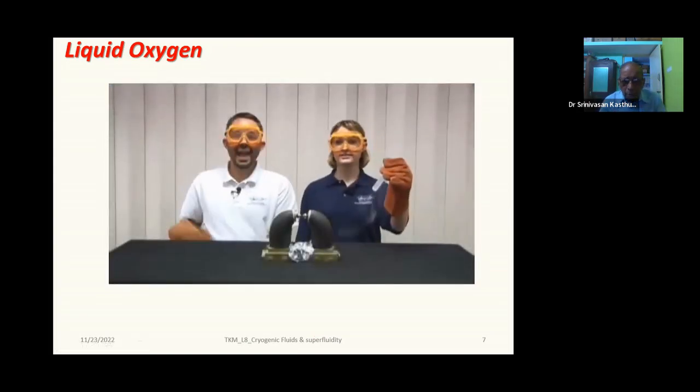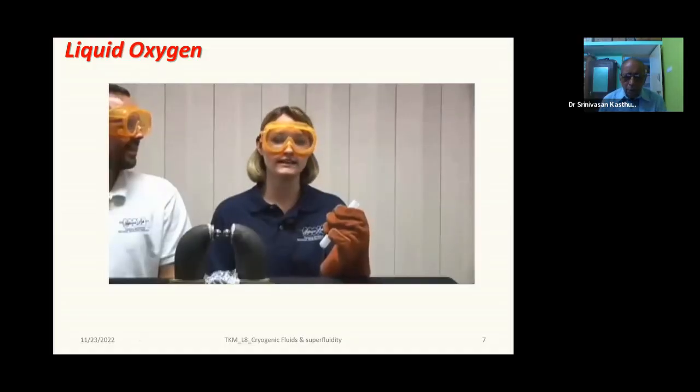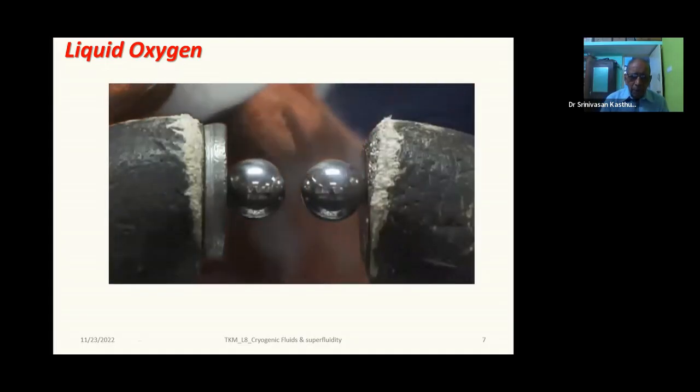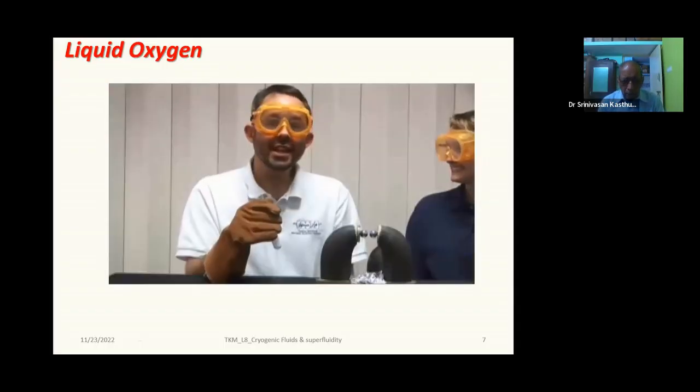Essentially, it tells you the paramagnetic property of oxygen. I don't know whether you have seen this video earlier. If you have not seen it, the madam is trying to demonstrate the nitrogen property. When it falls through a magnetic field, nothing happens because nitrogen is diamagnetic.